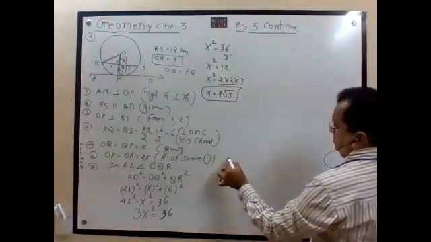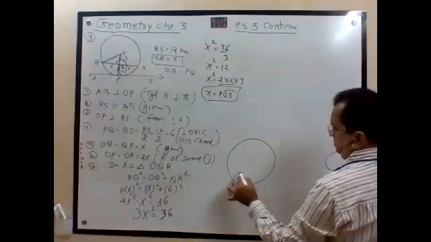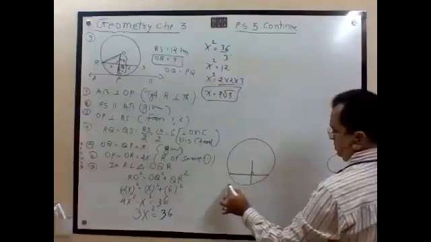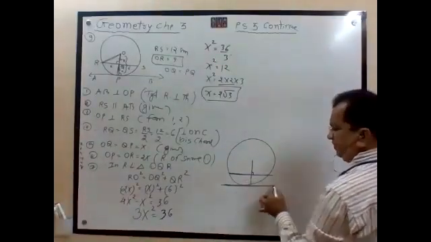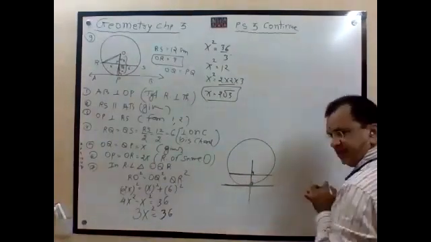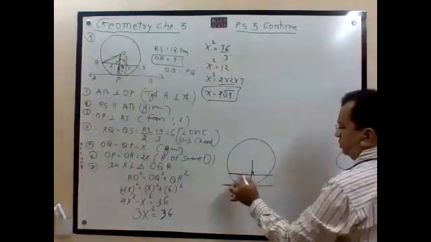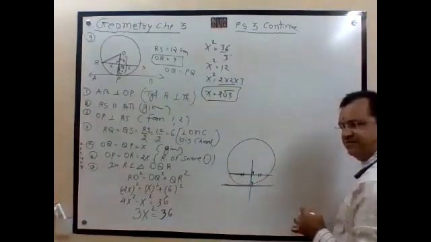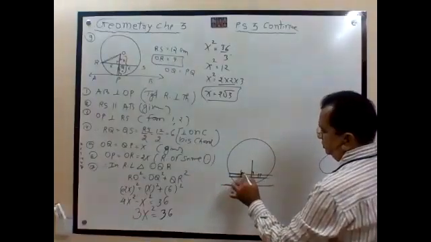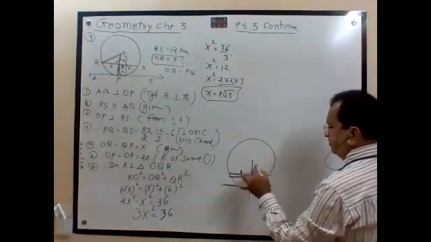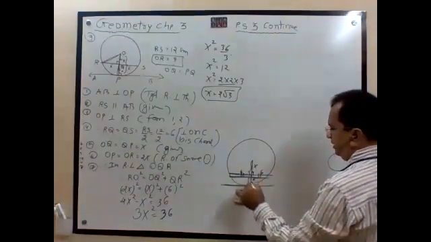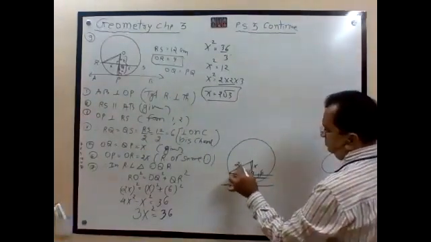Again, these and these are parallel, given. If it is perpendicular here, it is perpendicular here. And on a chord, when it is perpendicular, it is always a bisector. So these two total are 12. So this is 6. This is 6. This I have considered x because they have given both are equal. So total radius is 2x.